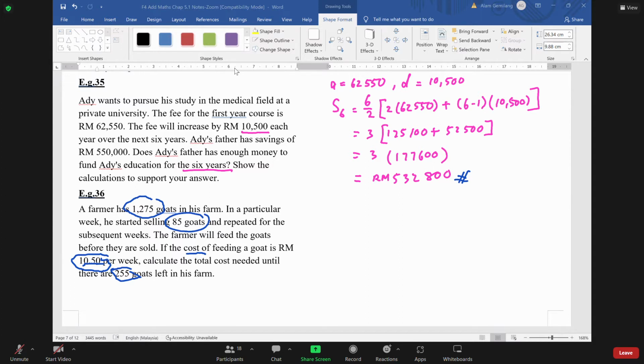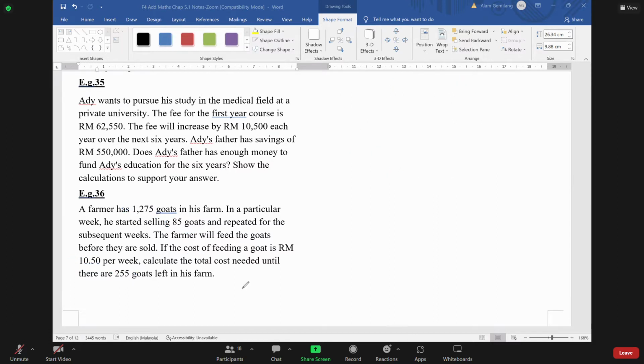Okay, let's go through. So that means a is 1275. The d is 85, right? The remaining goats, that means from 1275 you keep on reducing, minus 85, keep on reducing until 255.